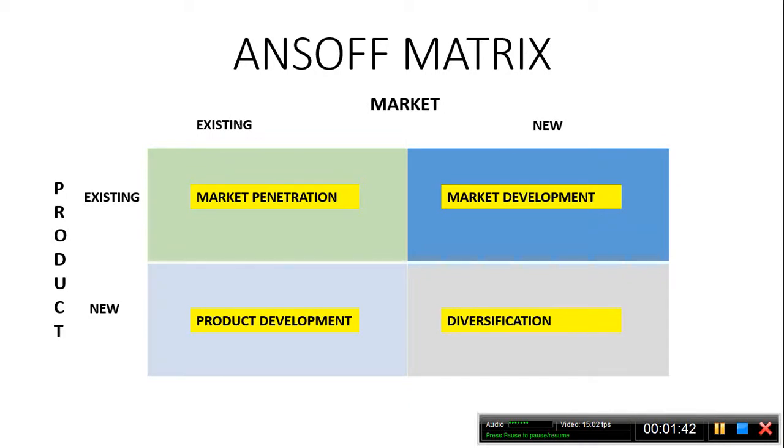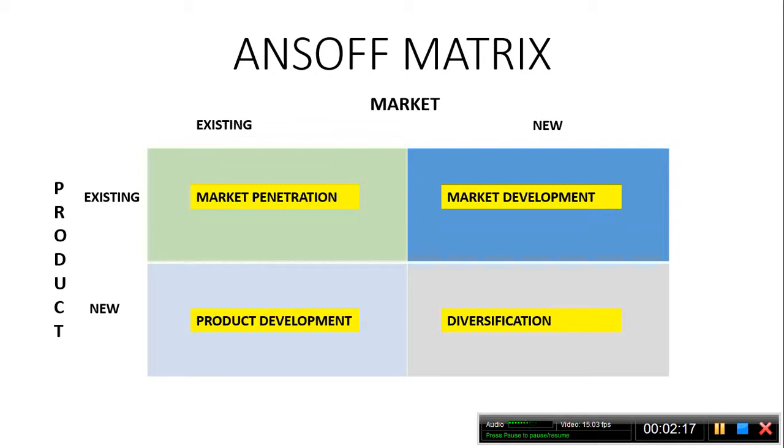Where a company considers their existing products to the existing market, Ansoff describes that as market penetration. So market penetration is where a company sells more of their product in their existing market. Where a company sells an existing product in a new market, Ansoff refers to that as market development.